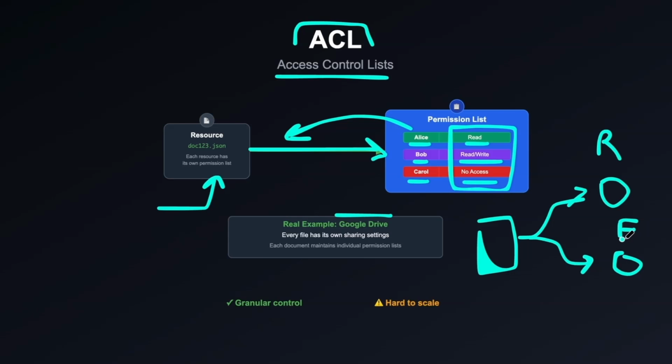So this is an example of ACL, access control list, which is used in Google Drive and Google Documents. This gives you more control over resources and documents, but it's also harder to scale with millions of users. But it's possible, as you can see, because Google Drive is using this for their documents, Excel sheets, and so on.